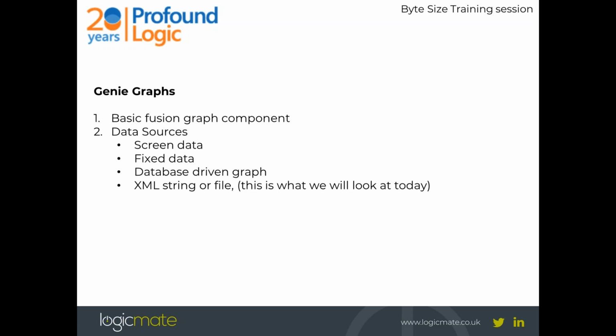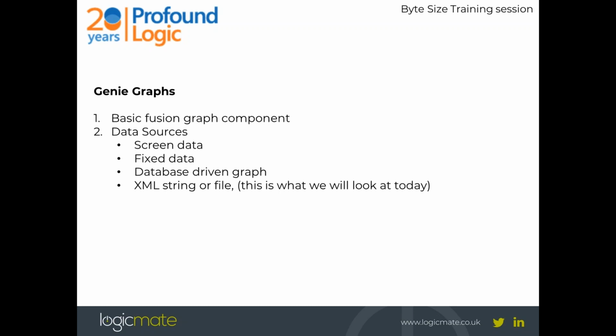You can create a graph with fixed data. You can use a database-driven graph, and all of these are great, but they generate a single series graph. So you have a two-dimensional graph where you plot the x-axis and the y-axis, you feed the data in, and the FusionChart component builds the graph from that data.